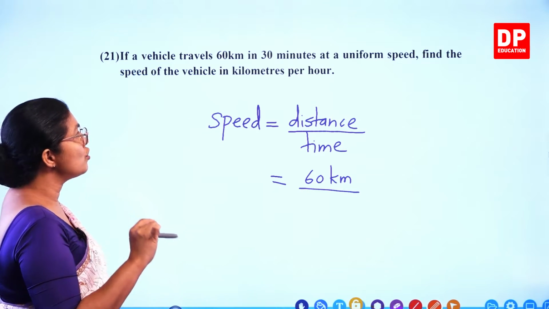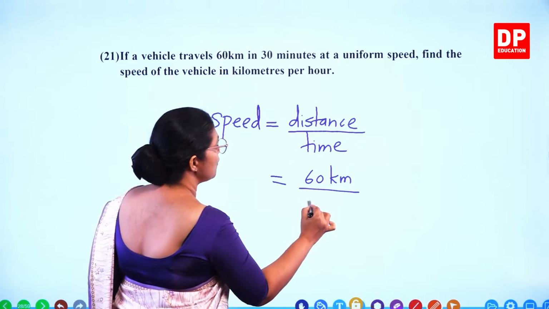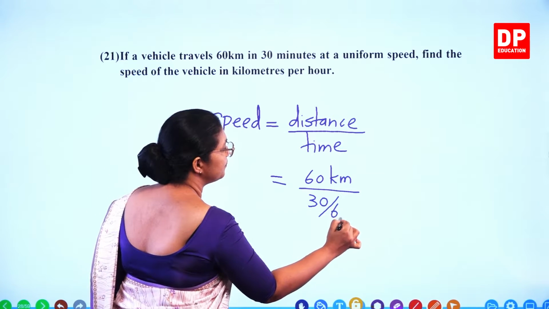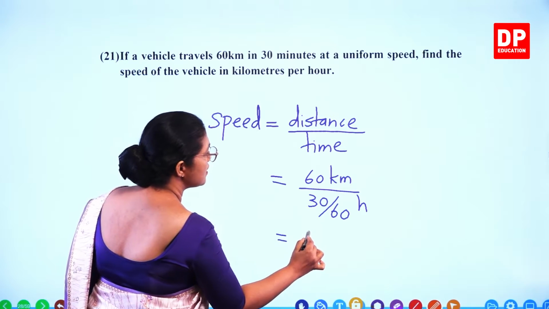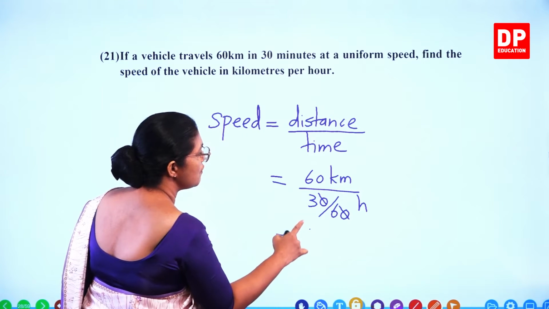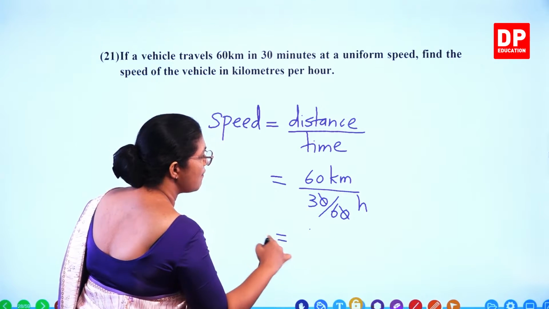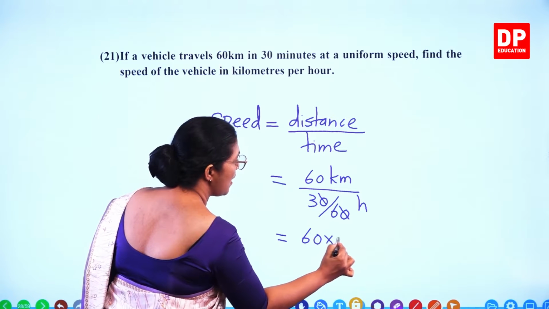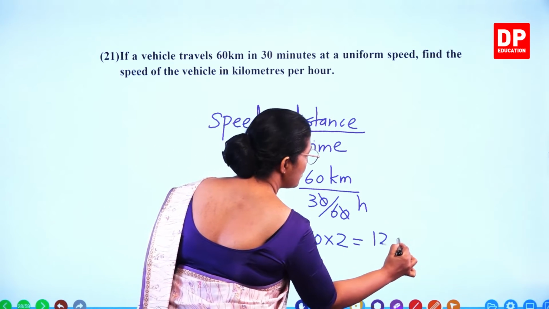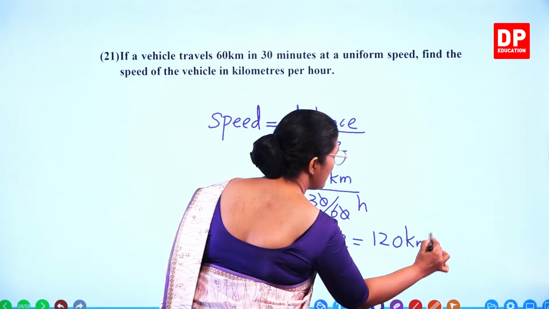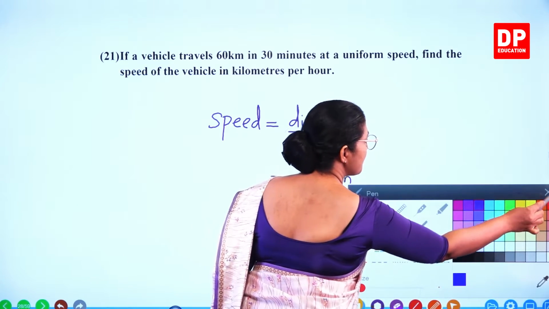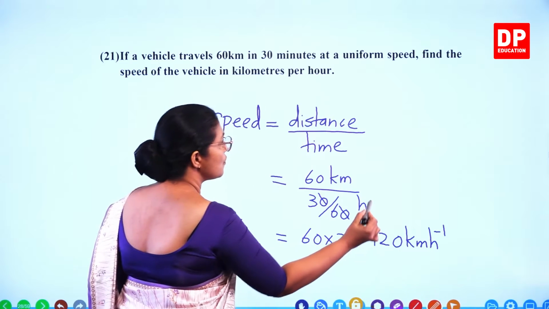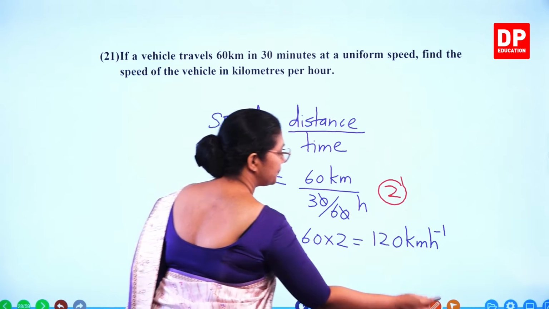How do you convert to hours? You have to divide by 60. Then it becomes hours. So 30 here, when you divide, you get half. 60 divided by half means 60 multiplied by 2, 120 kilometers per hour. So you get 2 marks for that.